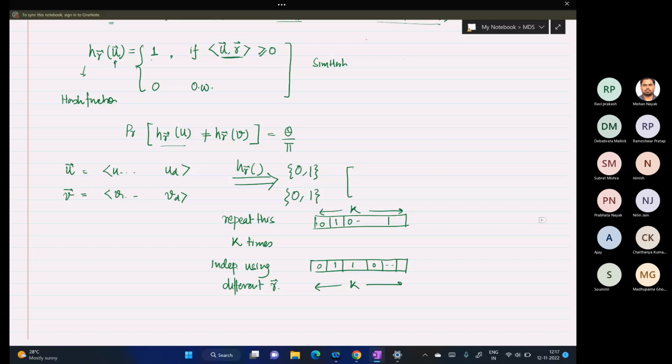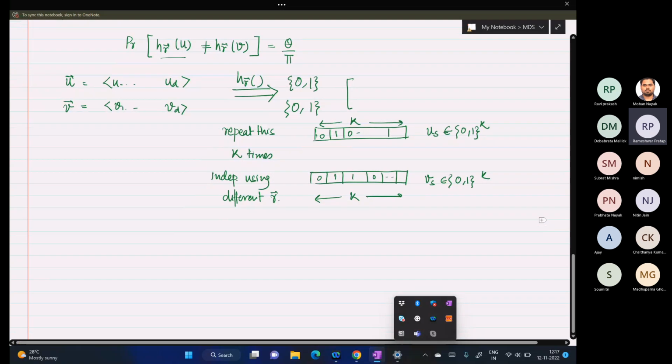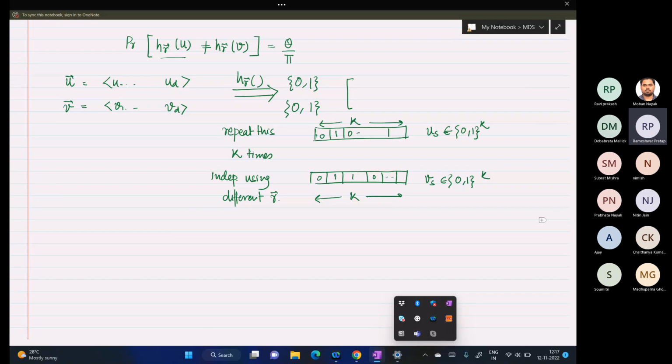Okay. So suppose I'm denoting this as say US, which is a binary vector in k dimensions, and this is VS, which is a binary vector in k dimensions. So the Hamming distance, right? Is this part clear? If we repeat k times, each time we'll get one coordinate of the reduced dimension vector.